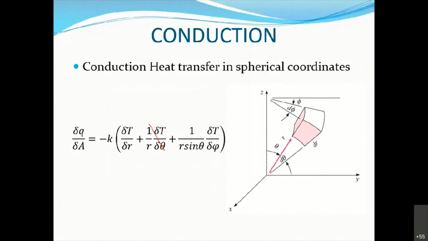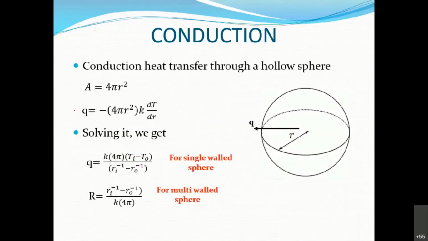Again, we are only going to be looking at one direction, which is the value of dr. Similar to our cylindrical tube, the area for the sphere is 4 pi r squared. You substitute the value into the general equation.